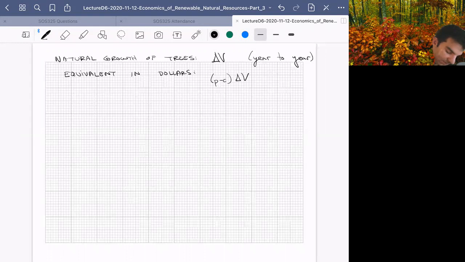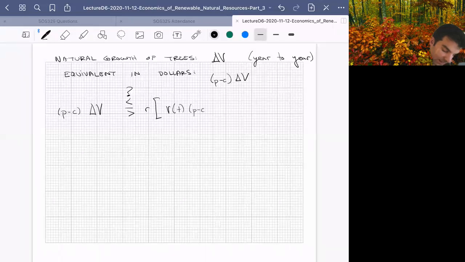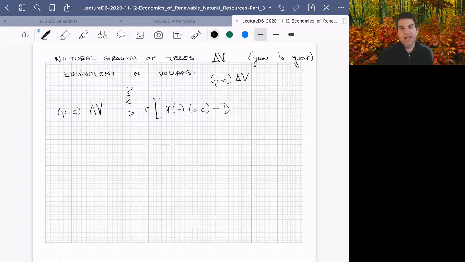And so really the Faustmann rotation is comparing this P minus C delta V to R times my volume at the end of the year converted into dollars minus how much it costs to actually cut and replant, plus the site value.